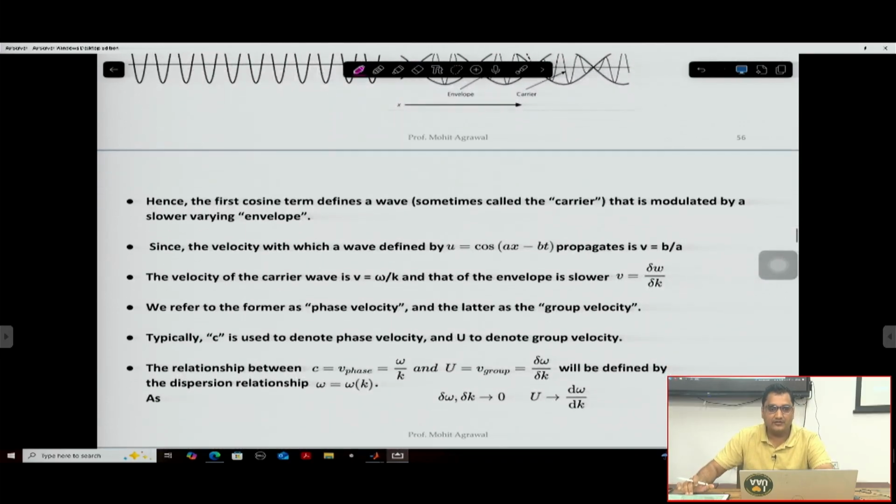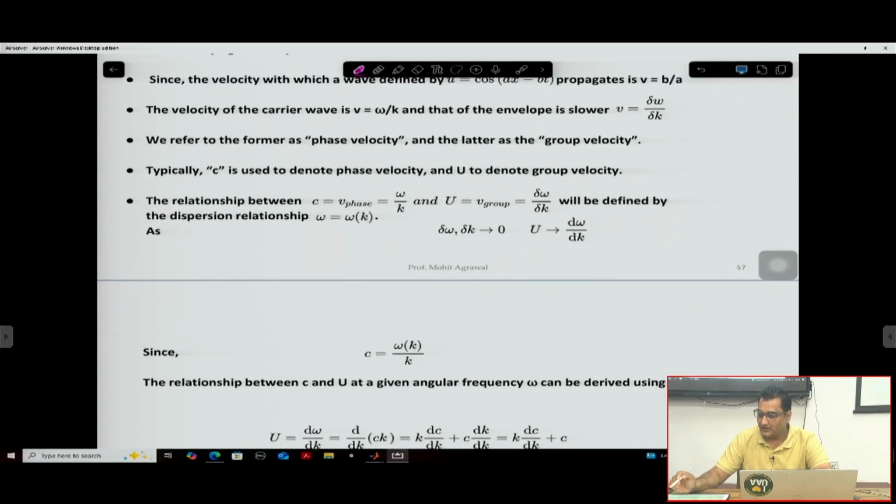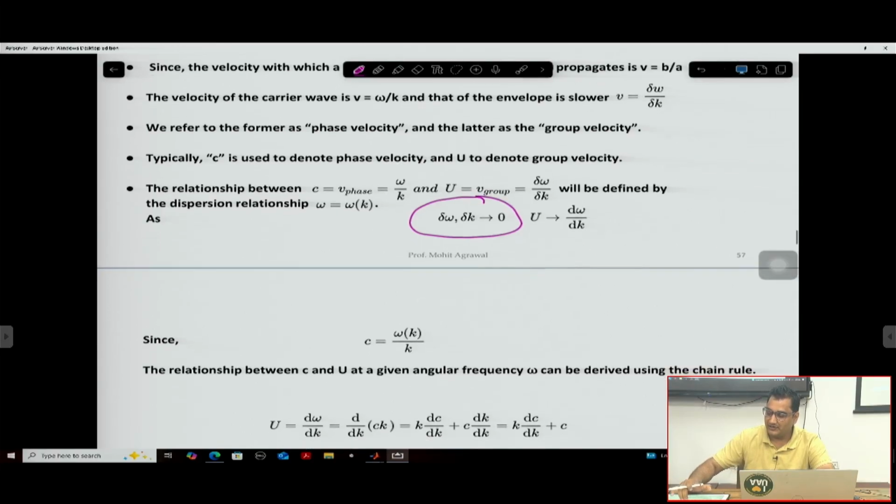Thereafter we saw the carrier waves are nothing but what we call the phase velocity, or the wave velocity of the carrier wave is equal to the phase velocity, and we also call the envelope velocity the group velocity. Since delta omega and delta k are almost equal to 0, we can write the group velocity as d omega by dk.